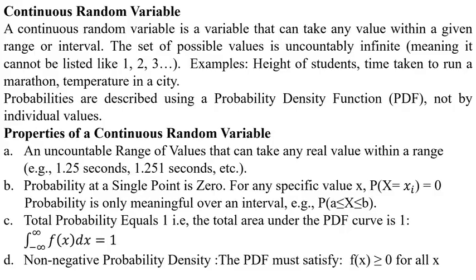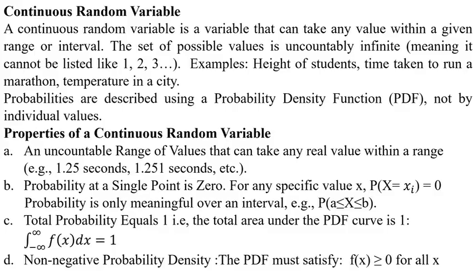We can count it. But a continuous random variable can take any value within a given range or interval. The set of possible values is uncountable. It is infinite, meaning it cannot be listed like 1, 2; we cannot count it.